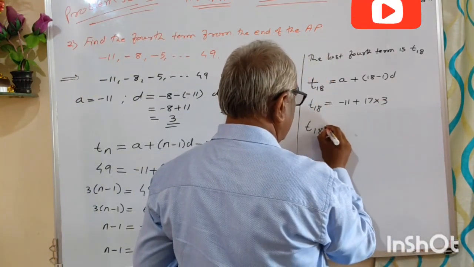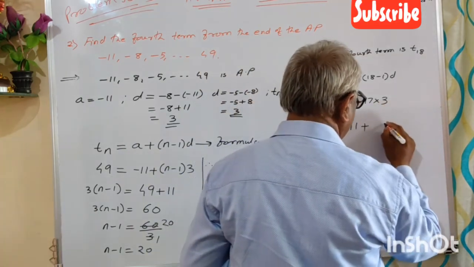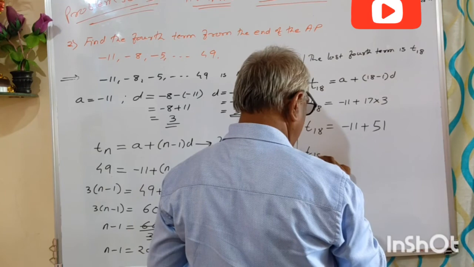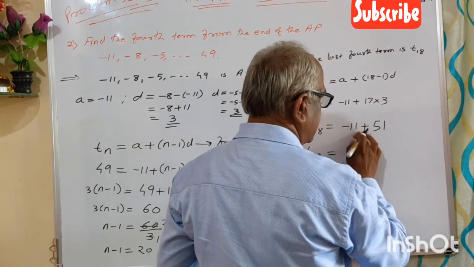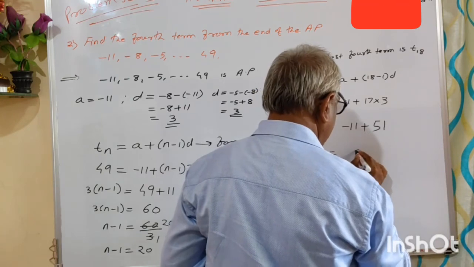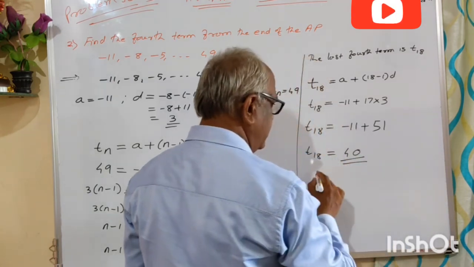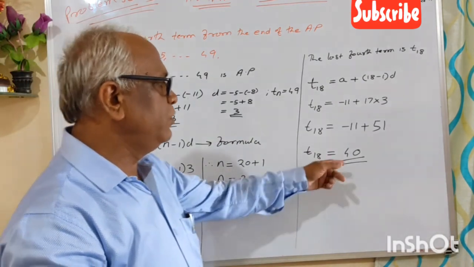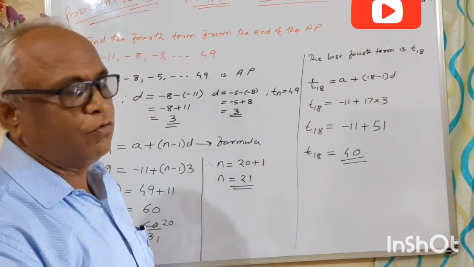So T18 is equal to minus 11 plus 17 times 3. 3 sevens are 21, 3 ones are 3, 4, 5, that is 51. So T18 is equal to minus 11 plus 51. Subtract it but keep the greater number's sign. 51 minus 11: 1 minus 1 is 0, 5 minus 1 is 4, that is 40. So T18 is equal to 40. That means the last fourth term T18 is equal to 40.